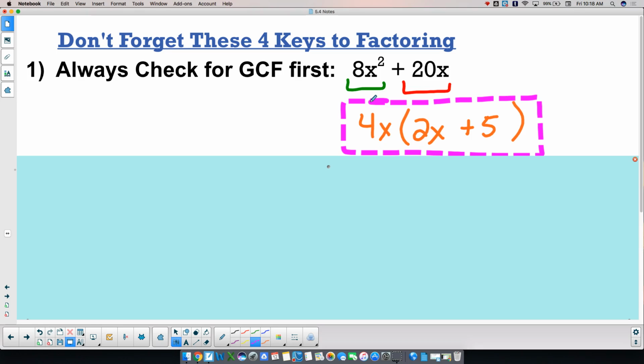Okay. 4x times 2x is 8x squared. 4x times 5 is 20x. 5-6 seconds maybe. I know that I'm right. I know that I factored it. These little things go a long way when helping you factor. Okay?